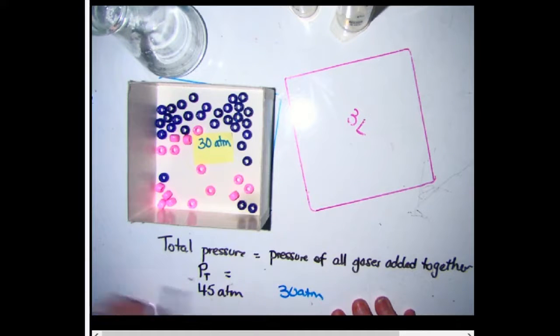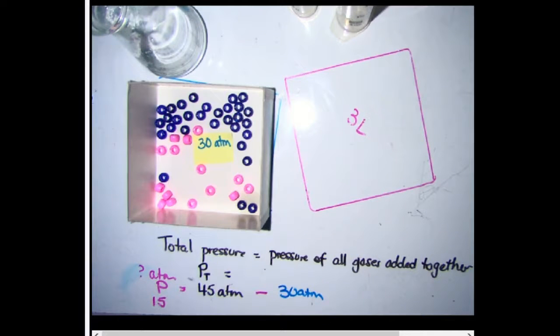So in this particular case, the question might be, how many atmospheres is the pink gas? So in that particular case, all you would do is a reverse thing where you're going to take the total pressure minus the blue to equal the pink. So 45 minus 30 is going to be equal to 15. It's a real easy law to be able to use.